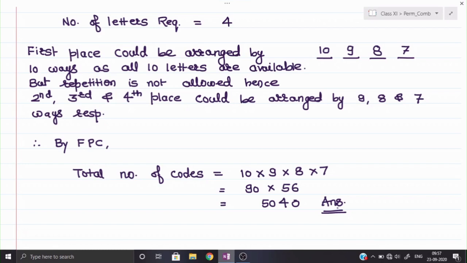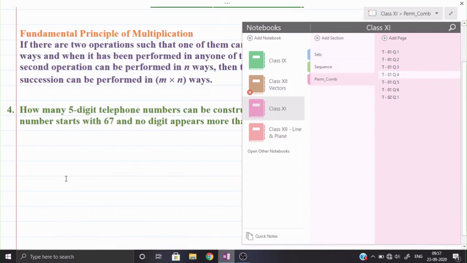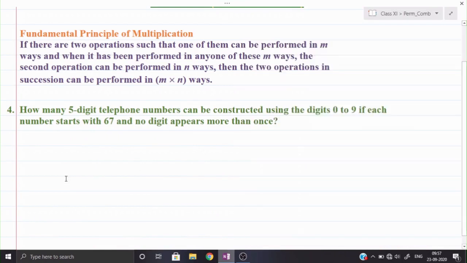Okay, now let us see the next question, question number 4. See what is given to us. How many 5-digit telephone numbers? Not a mobile number, but think of the landline number, the earlier technology we were using. In that, 5-digit numbers were there, 6-digit numbers were also there, with some STD code.